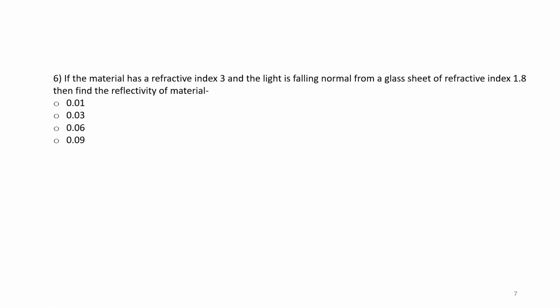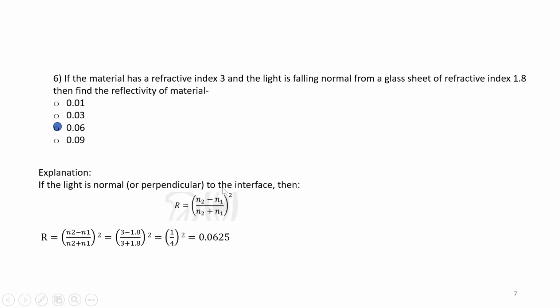Next question is, if the material has a refractive index 3 and the light is falling normal from a glass sheet of refractive index 1.8, then find the reflectivity of the material. Your options are 0.01, 0.03, 0.06 and 0.09. So the correct option will be the third one, and this is the formula that you need to remember.